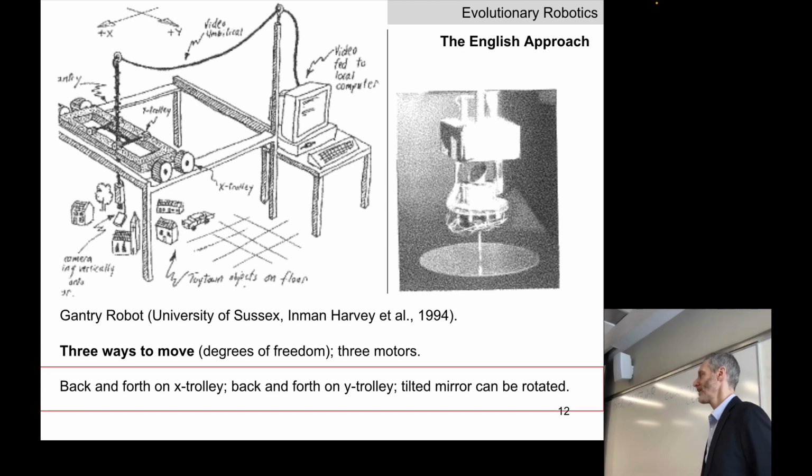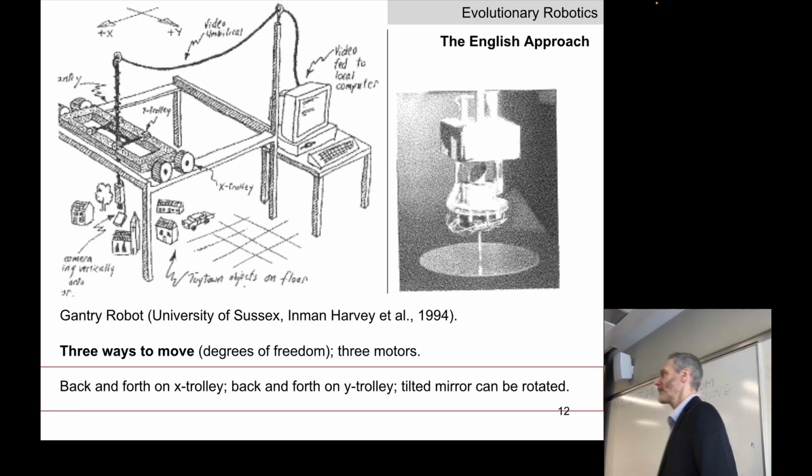It distills down all the movement in 2 dimensions into the X and the Y direction. You have something that's moving around in X and Y. But so did the Italian researchers. They had their Khepera on the table that would also drive around in X, Y. It doesn't seem like it, but it actually simplifies things in a particular way. It simplifies some aspect of an evolutionary robotics experiment.